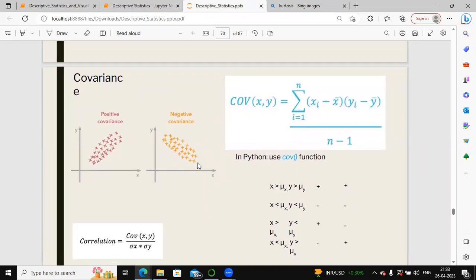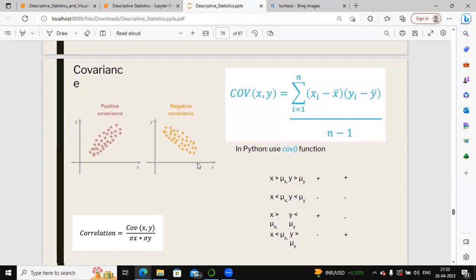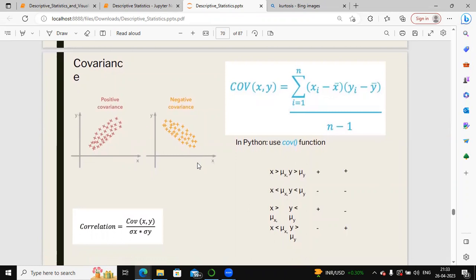So covariance is used to find the direction, how data x is related with y, whether positively or negatively related.